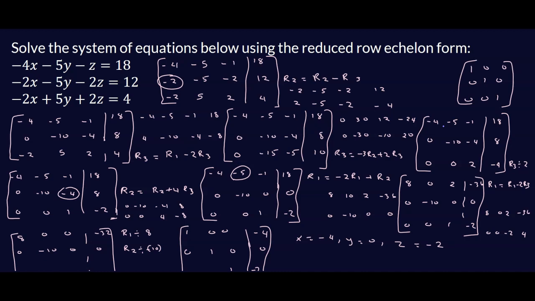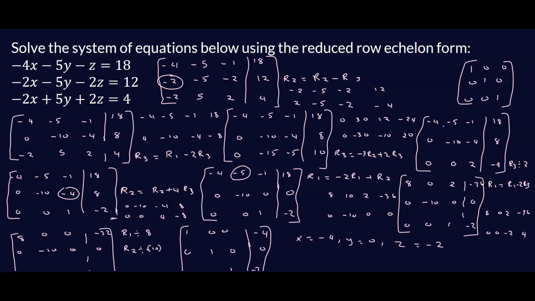So a few things before we end this lesson. This method is very error prone, as you can see. You have to be extremely careful as you're working through it. As you can see what I do, I'm showing exactly what I'm working through.